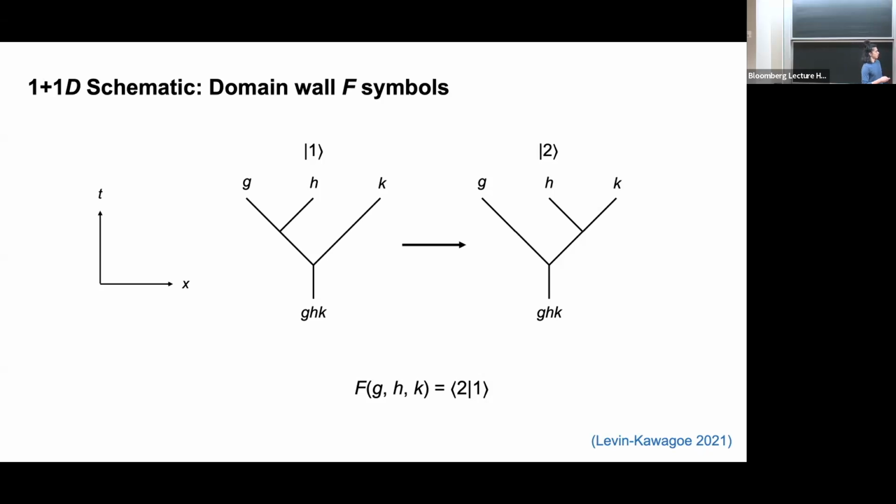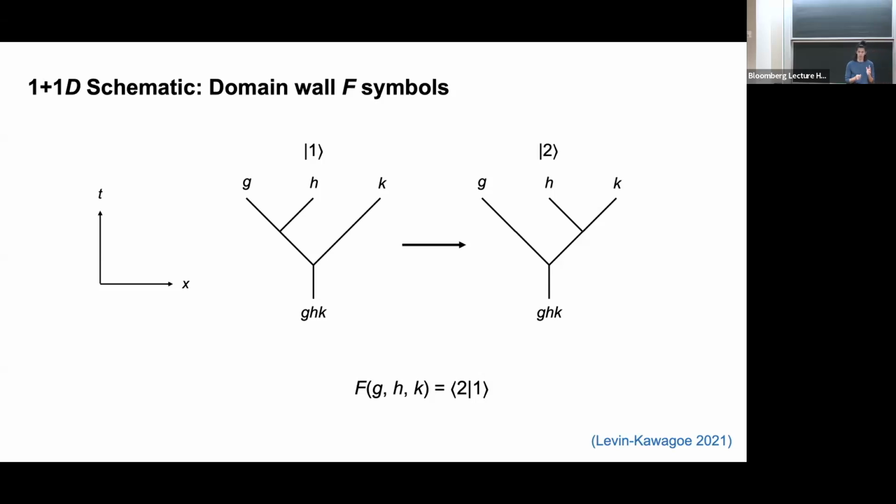To answer your question about what this F symbol is measuring: it is a phase difference between 2 states, but alternatively, it can be thought of as a Berry phase accumulated over the course of some spacetime process. If we take state 2 and flip it upside down and then compose it with state 1, this represents a process that comes back to itself, and then there's some Berry phase.